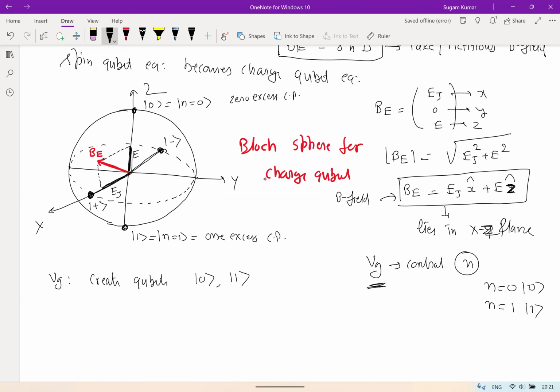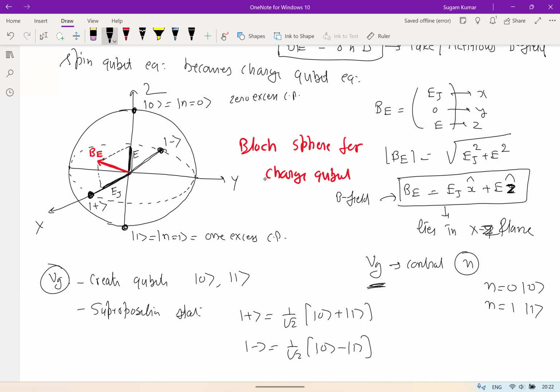Now the question is, what if we want a superposition state? Meaning I want a state like (0 plus 1) over root 2, and so on. I want to create this state. So how can I change the V_G so that this state can be created?